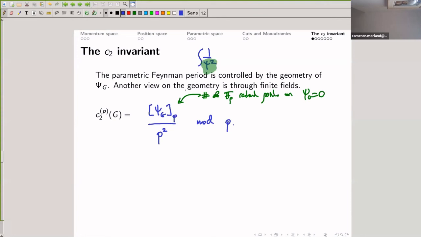And in particular, back a number of decades ago now, I guess back in the 90s, the periods that had been computed at that time were all expressible in terms of multiple zeta values. And Maxim Kontsevich said, well, if they're all multiple zeta, they should be that way for a good mathematical reason. And for a good mathematical reason meant that it's really because of the geometry, or you could say because of the motive.